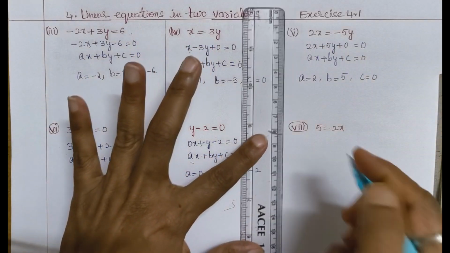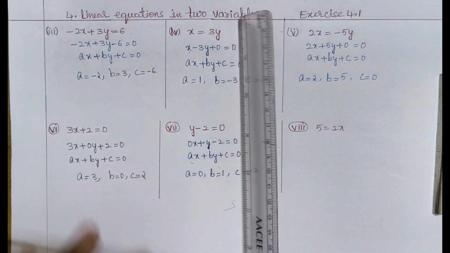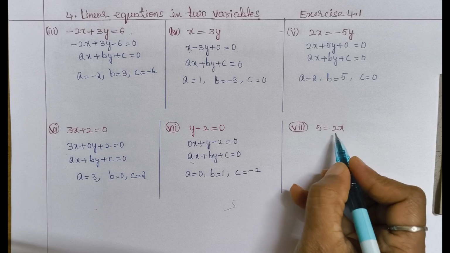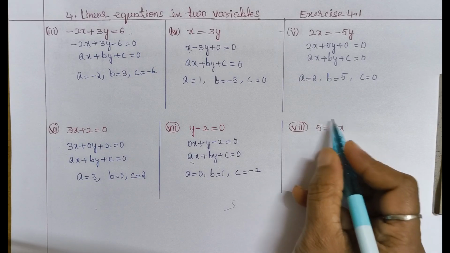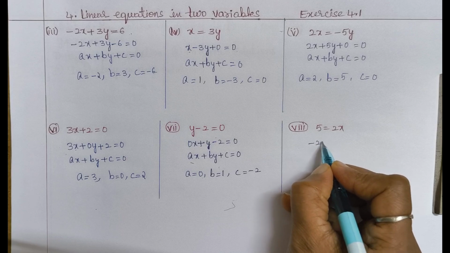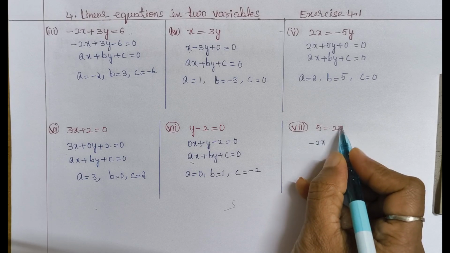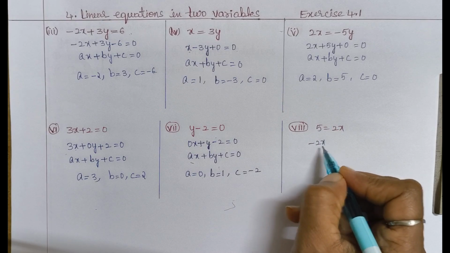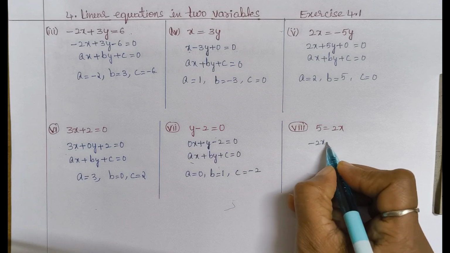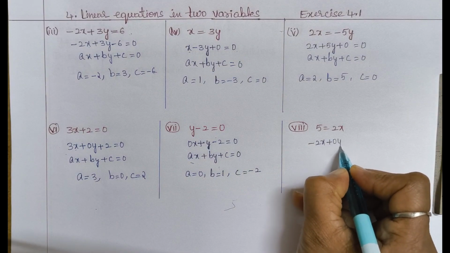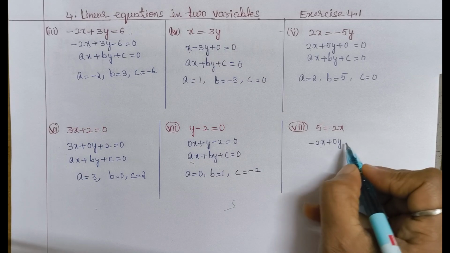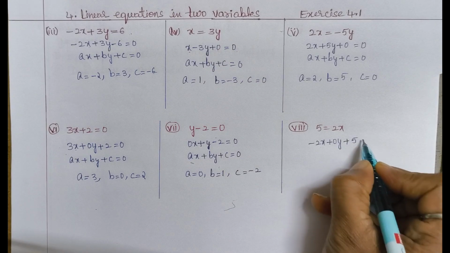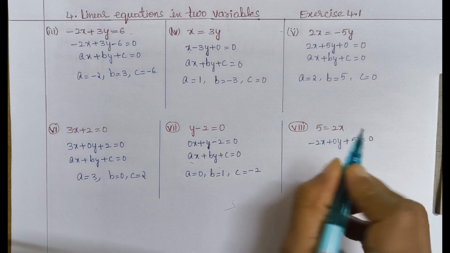Now this question, see. 5x is equal to 2x. Now see here, you take this number to this side, minus 2x becomes ax, plus 2x you are taking to this side means minus 2x. By is not there, so what will you take? 0y. 0 into y, again 0 only. Ax plus by plus c, 5. The 5 is in the same place, not changing the symbol, same place.